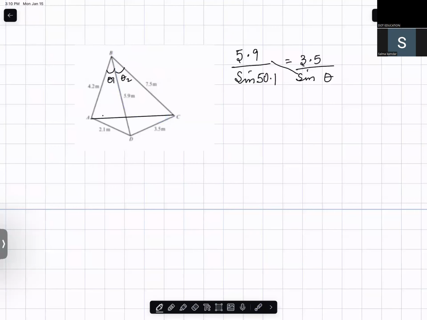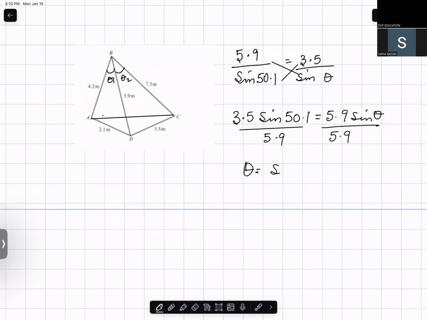So looking for my theta, I have 3.5 sine 50.1 equals 5.9 sine theta. Divide both sides by 5.9, so we have theta as sine inverse of 0.2459.